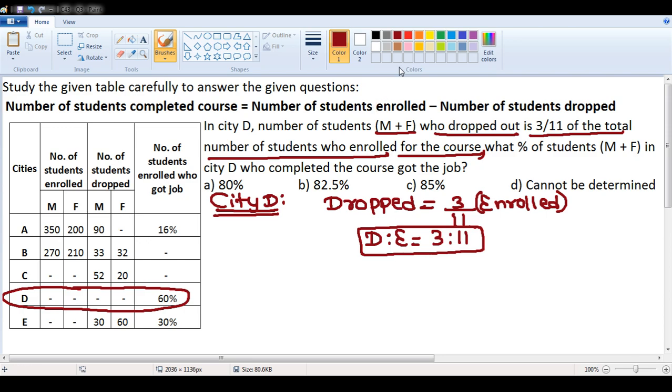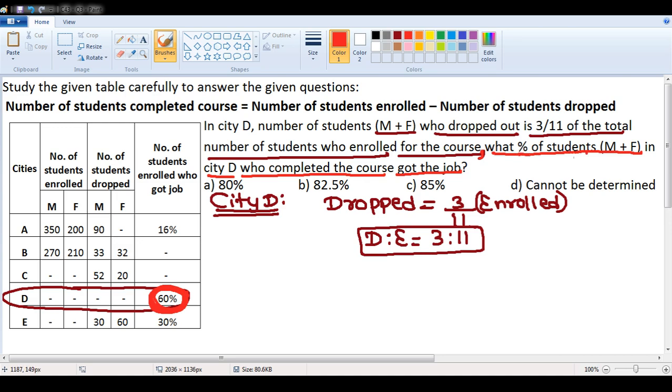Now the question is, what percentage of students, male and female, in city D who completed the course got the job? From the table, 60 percentage of enrolled students got the job.